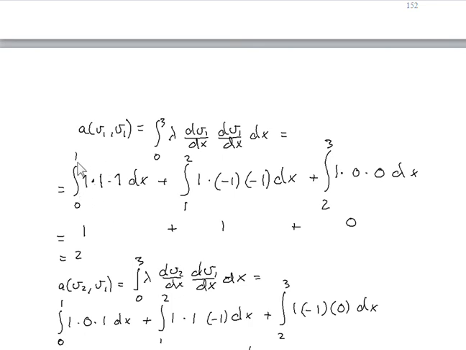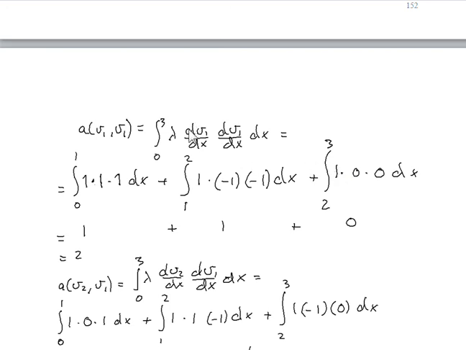One integral from 0 to 1, another from 1 to 2, and a third from 2 to 3. We know that lambda is 1 in all the intervals, so let's put this in here.